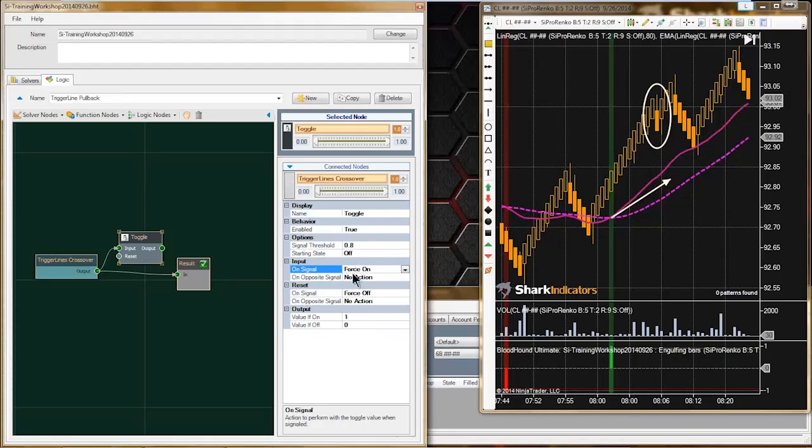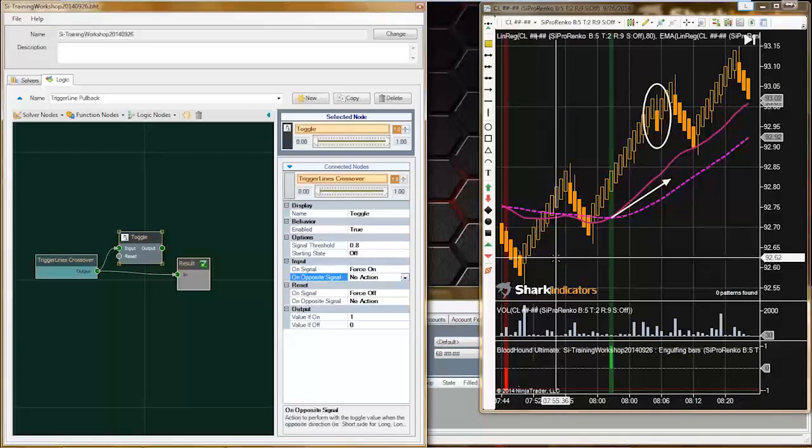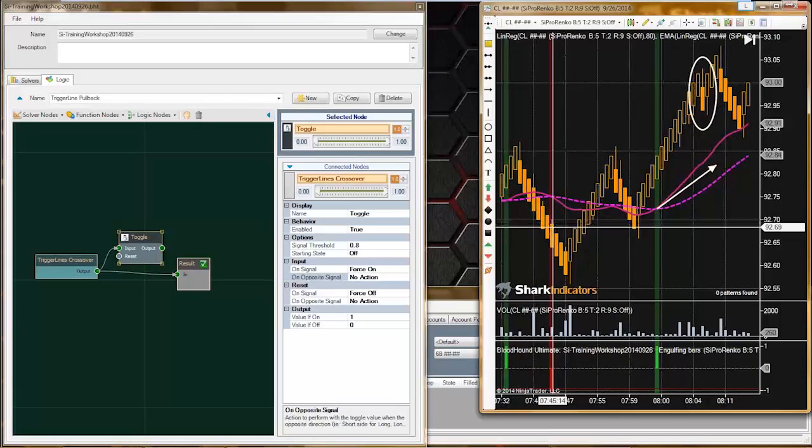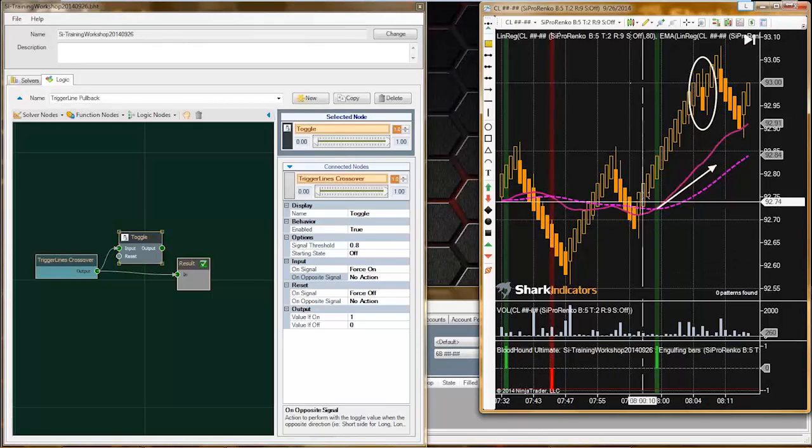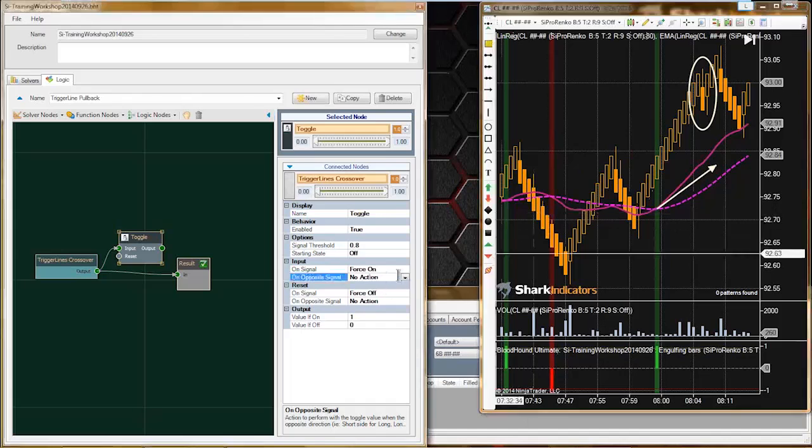We want to toggle the long side on. And if an opposite signal comes in, so if a short signal comes in, which would be right opposite of the long, then we want to turn the long state off, like so.